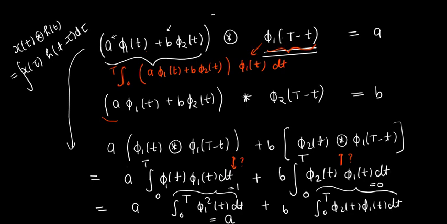So each branch of the matched filter will work as a branch of the correlator filter. Whatever is the input, you are taking the inner product of this with phi 1 t, which means you are trying to find out how much this signal is correlated with phi 1 t. So this is also called a correlator. You understood my point?